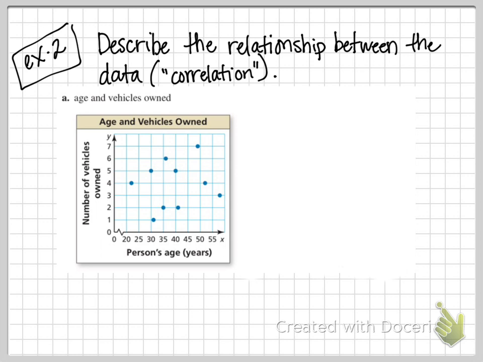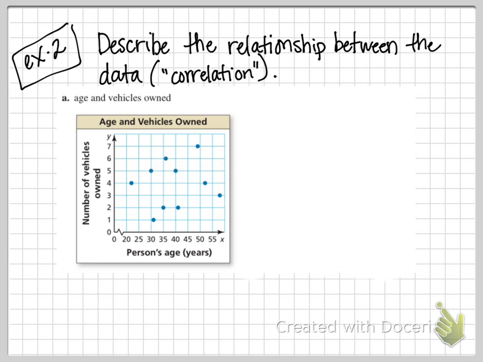Right, so look at this. This graph is showing data between someone's age, how old they are, and how many vehicles they own. So, according to this data, whatever this sample set is, is there a correlation between someone's age and how many cars or vehicles they own? No, not really. Not very clear.